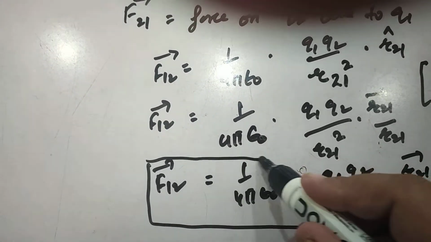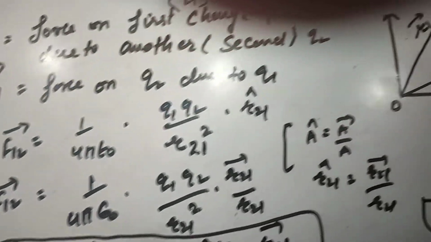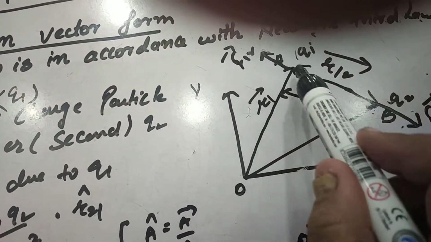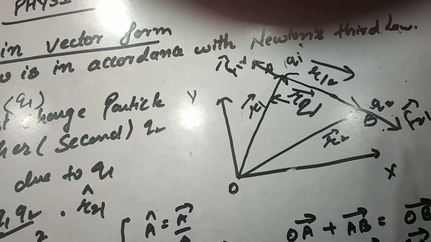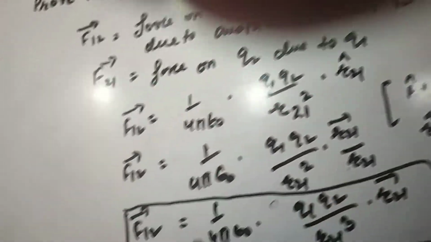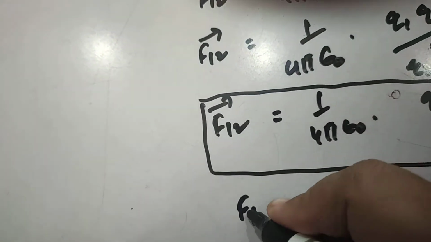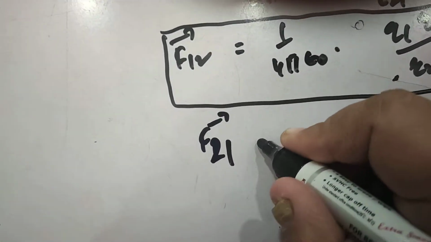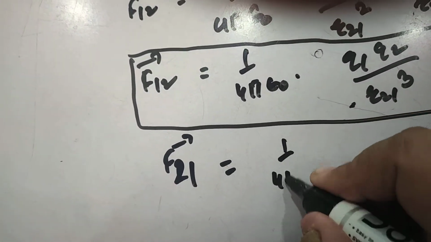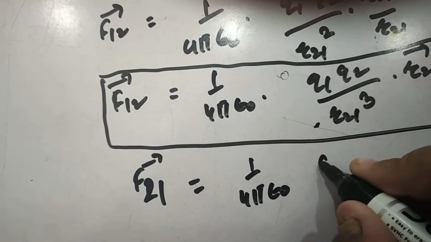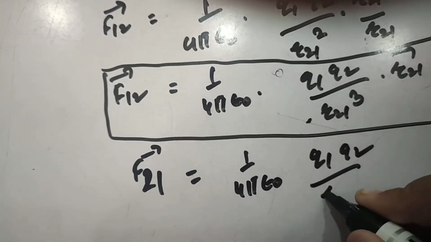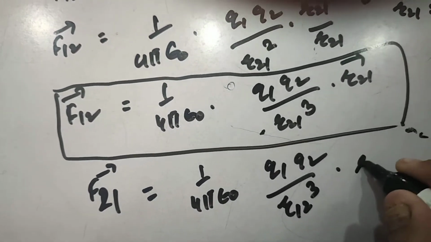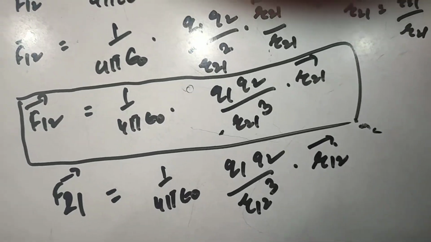Similarly, F21 is acting along AB, and AB means r12. So we can write F21 vector is equal to 1 upon 4 pi epsilon naught Q1 Q2 by r12 cubed into r12 vector, right?